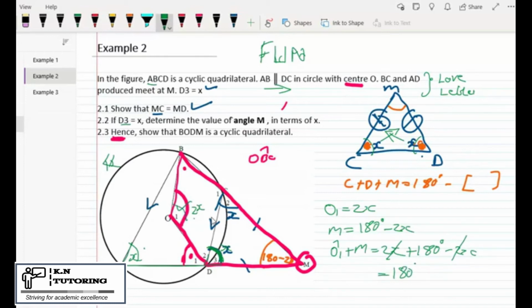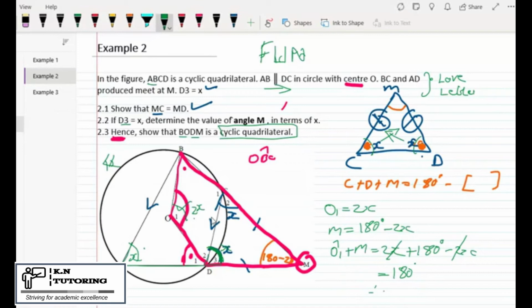Then if O1 and M add up to 180 degrees, therefore, what can we say? BOD is a cyclic quadrilateral. Why? Because the opposite angles are supplementary. And that concludes this work example number 2.